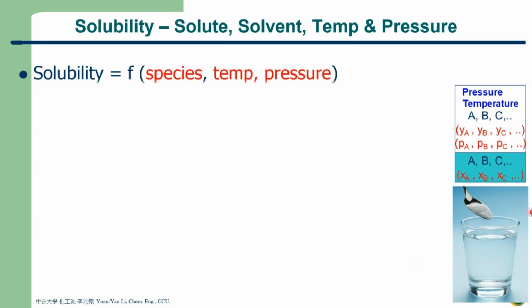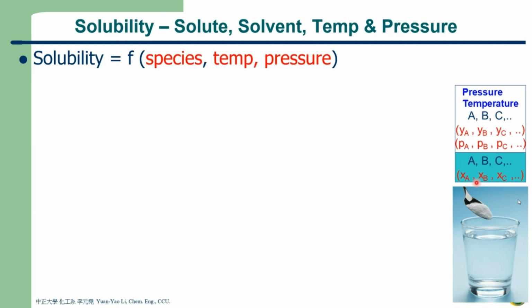Actually, solubility is a function of species, like sodium chloride or silver chloride. It is a function of temperature, and it is a function of pressure.